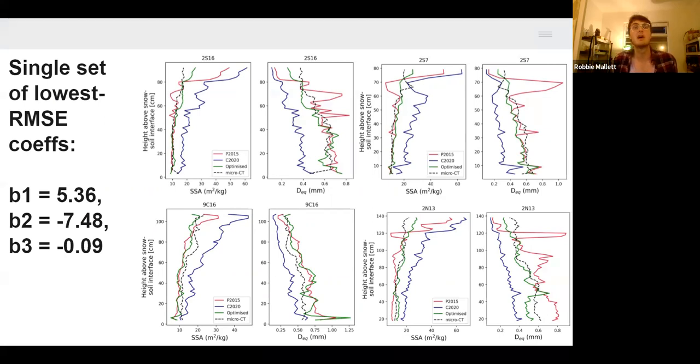If you look at 2N13 in the bottom right, at the equivalent grain size, the green line does a much better job of following that black dashed line than either the red or the blue line. And that's for coefficients derived from another snow pit, from the top left snow pit, in fact. So that's a nice result, I guess.